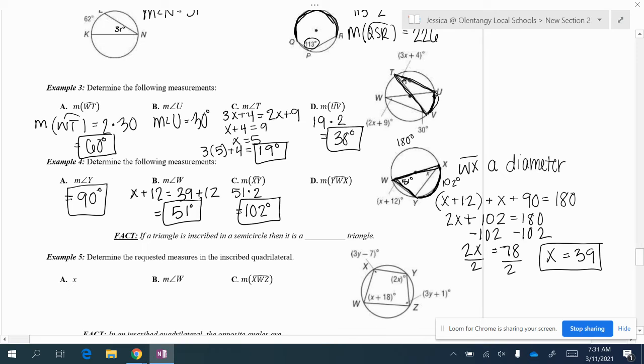And then to find the measure of arc WXY, W to X to Y, I'm finding this arc measure. I know that part of it's 180, part of it's 102, so 180 plus 102 gives me 258.